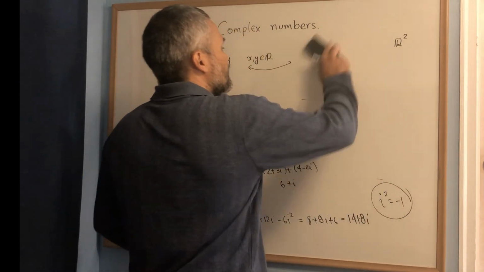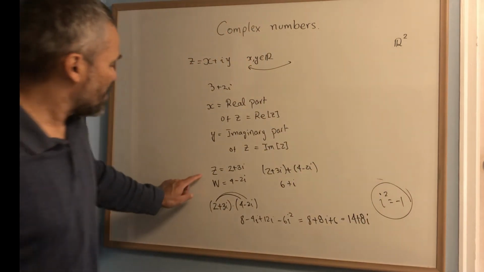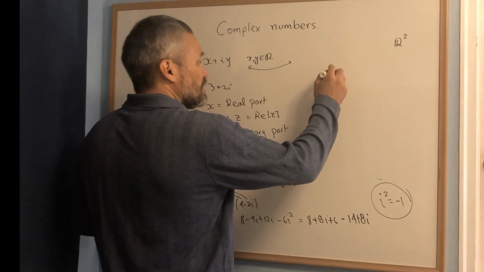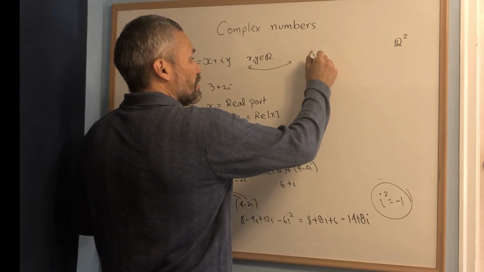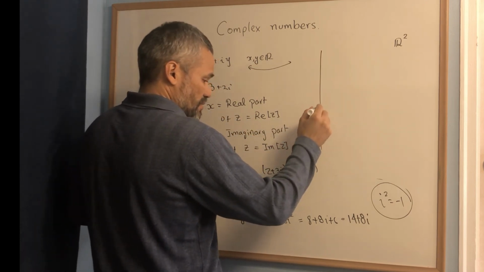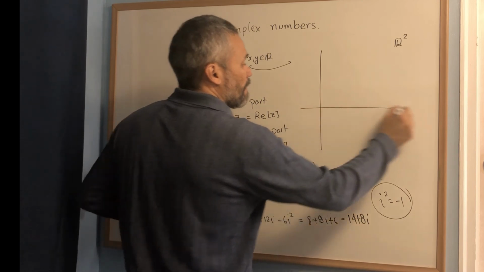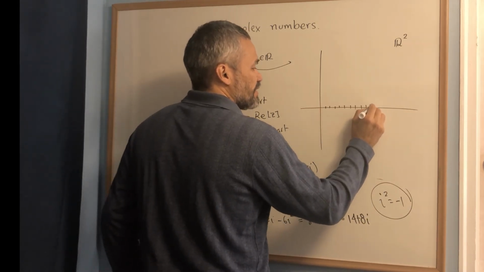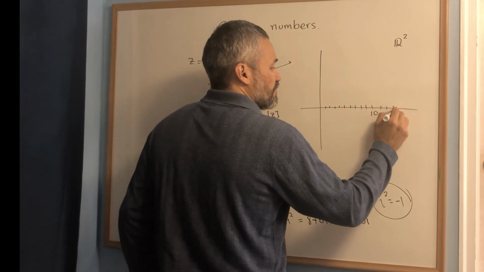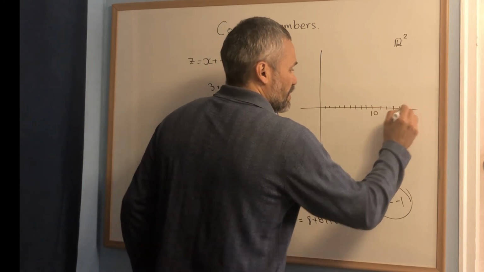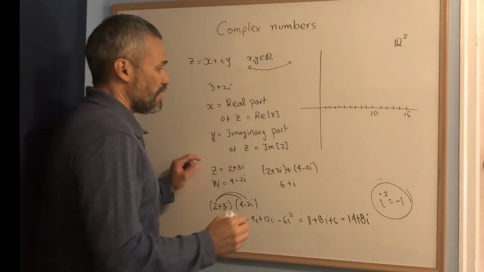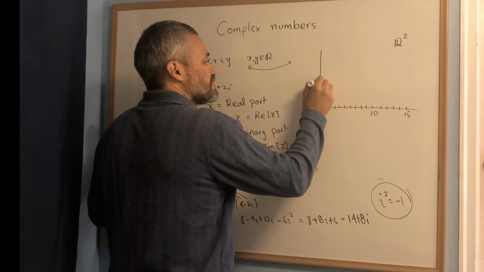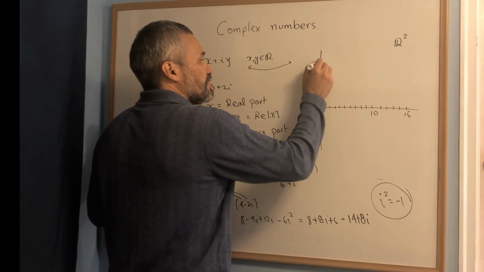What is the interpretation for the product? Let's suppose that we have here 1, 2, 3, up to 15, and here we have 1, 2, 3, up to 10.